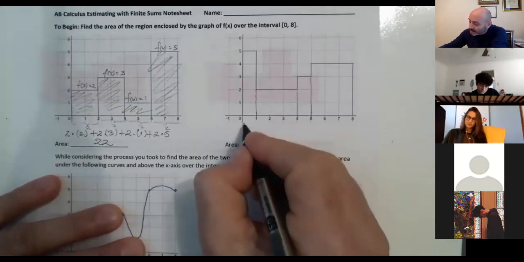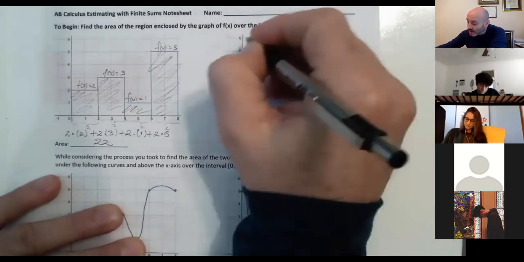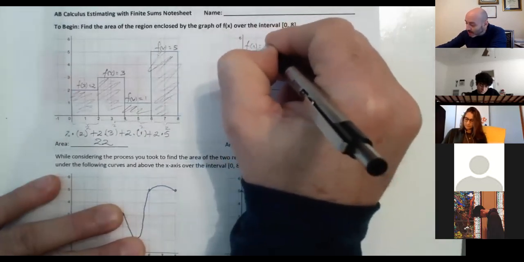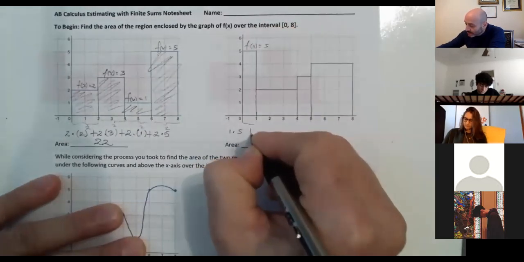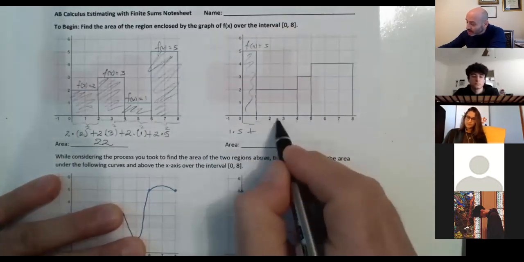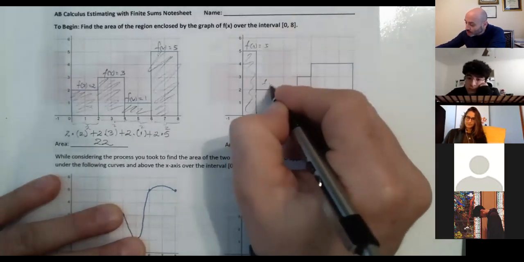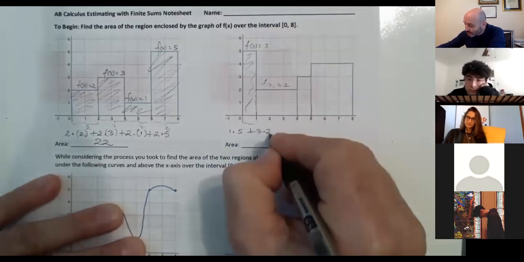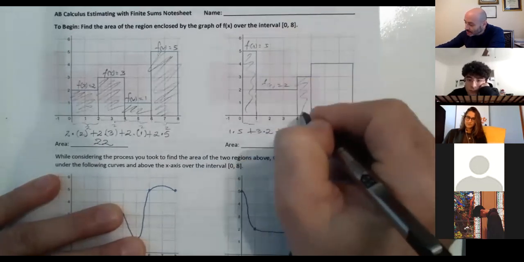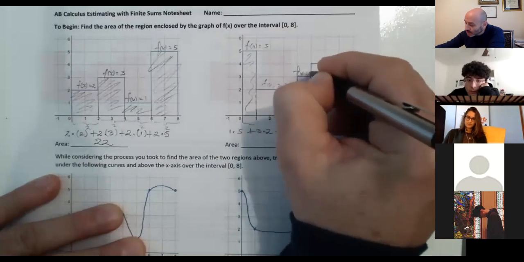In this case, this is 1 times the function value, which in this case is 5, plus, in this case, the base is 3, times the function value, which is 2, plus 1 times the function value, which is 3.